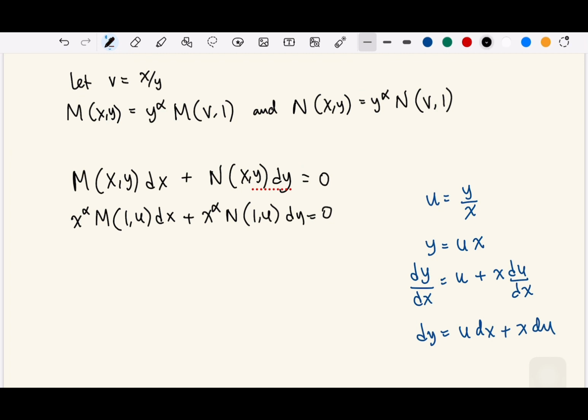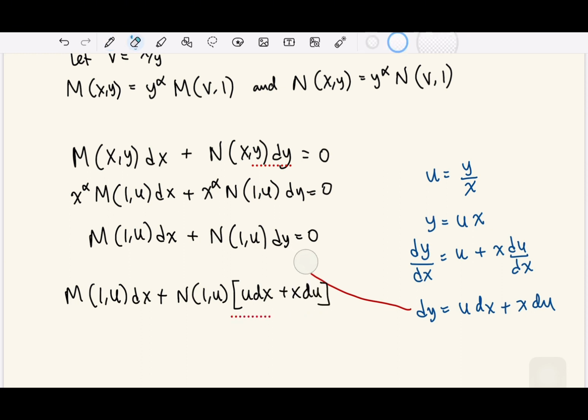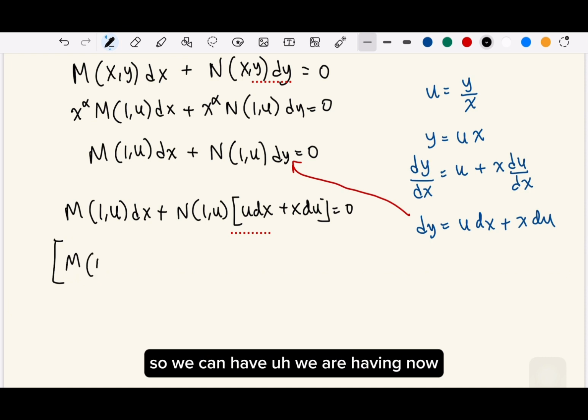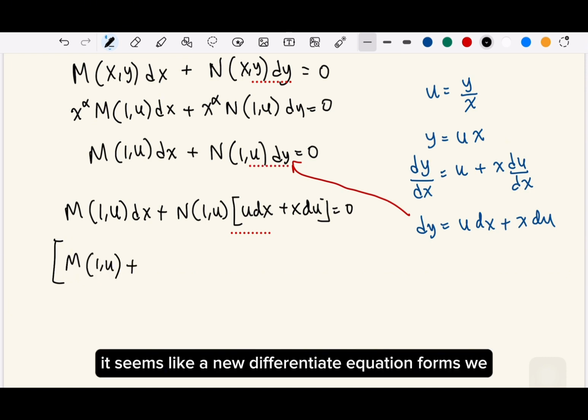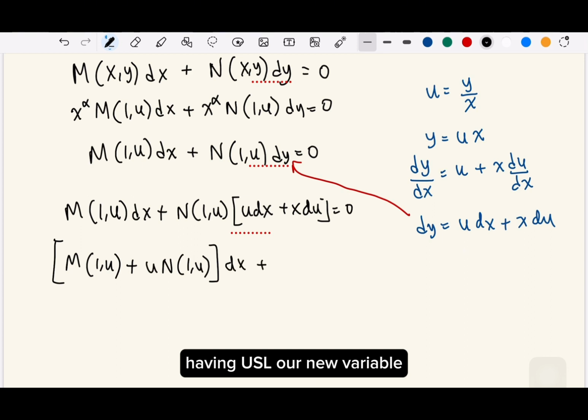So we are having now what seems like a new differential equation form, which has u as our new variable.